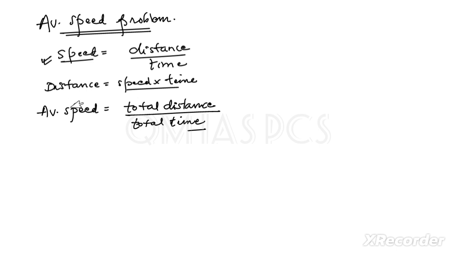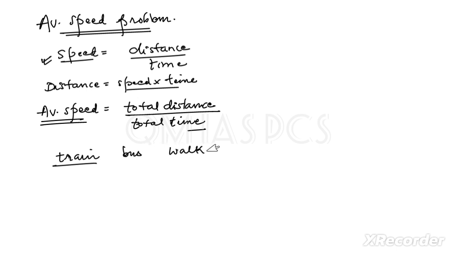Why? Because average speed means there is a scenario given, like we are traveling, we are going somewhere. First we took a train, then we took a bus, then we tried to walk.